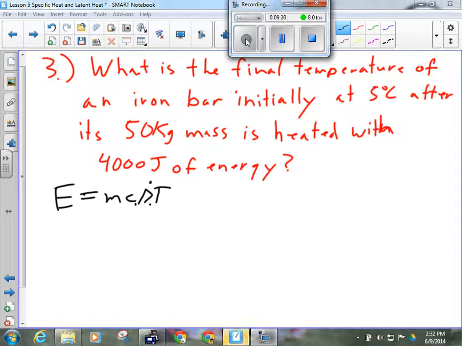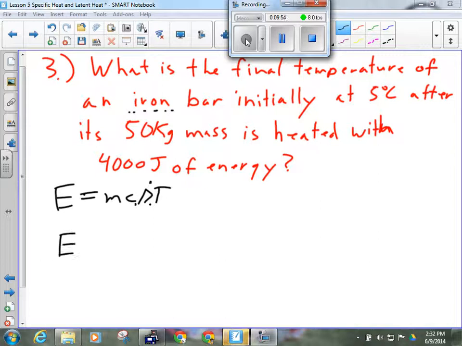If I wanted to know the change in temperature, I'd have to know the initial and the final. This question gives me the energy, 4,000 joules. It gives me the mass, 50 kilograms, which needs to be converted into grams. And it tells me the initial temperature. It also tells me what the stuff is made out of, so I could go to my chart and figure out what the specific heat capacity is.